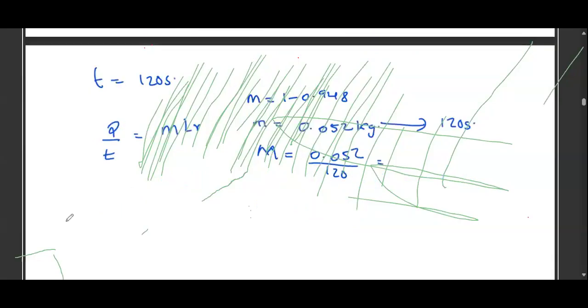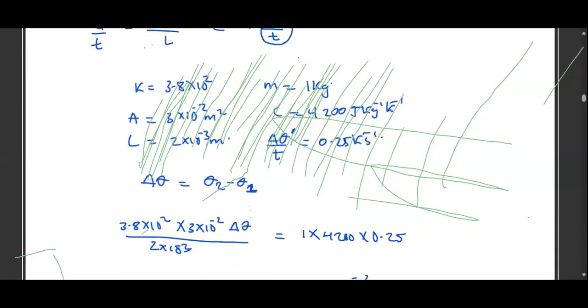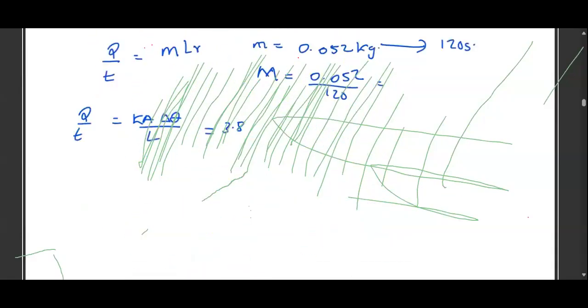Then our Q over T is the same as K A delta theta divided by L. And this one is going to be the same as 3.8 times 10 power 2 times 3 times 10 power negative 2.